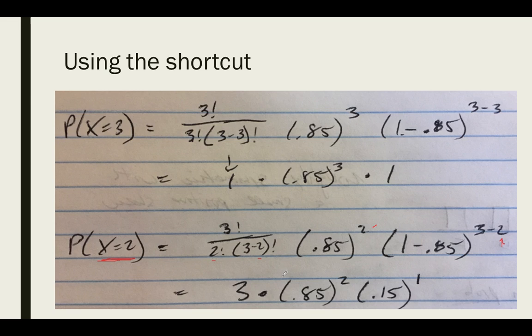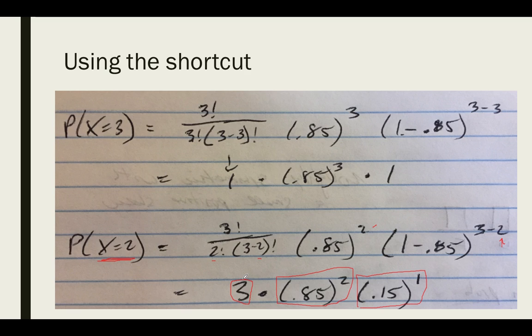So here we see if two customers are paying with a card, 0.85 squared comes up because those are the two customers who paid with the card. We see the one customer who didn't pay with the card come up. That's the 0.15 to the first. And we see this 3 out here, saying that that occurred 3 different times in my tree diagram.